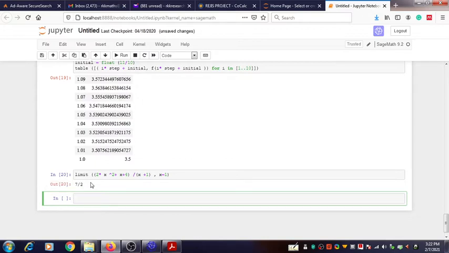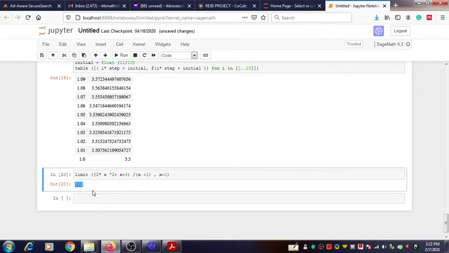What is 7 by 2? It is 3.5. Directly we are obtaining the value of the limit at the point x equal to 1. It's displayed in fraction form, 7 by 2.